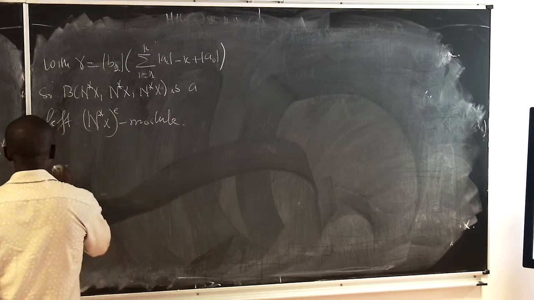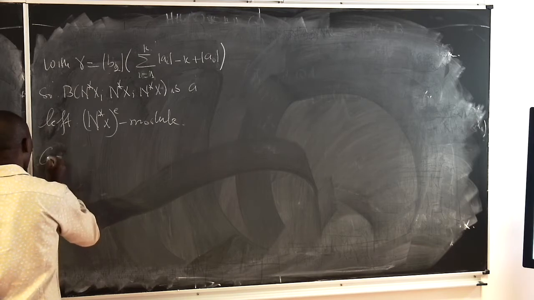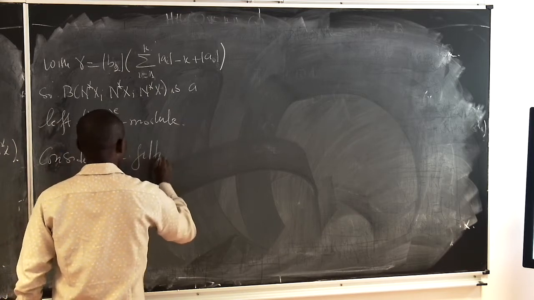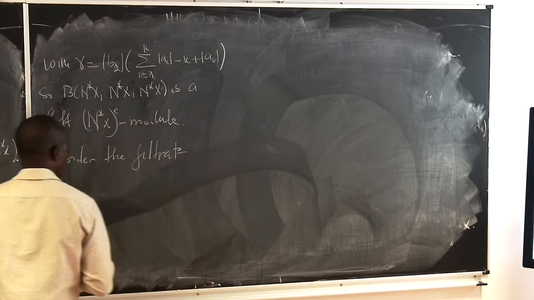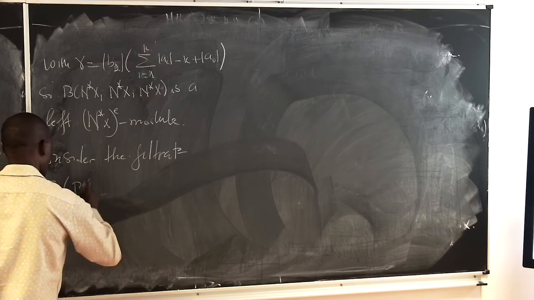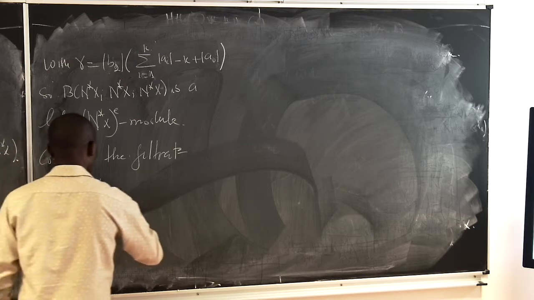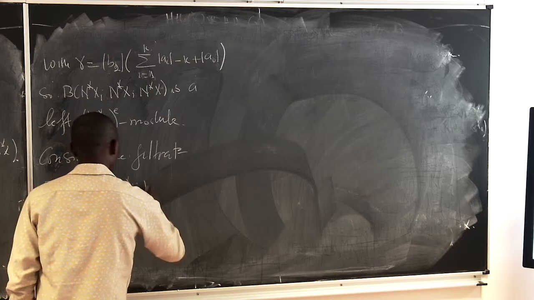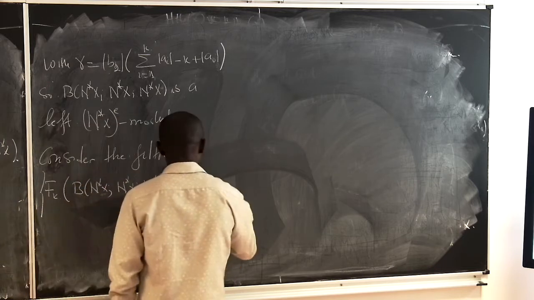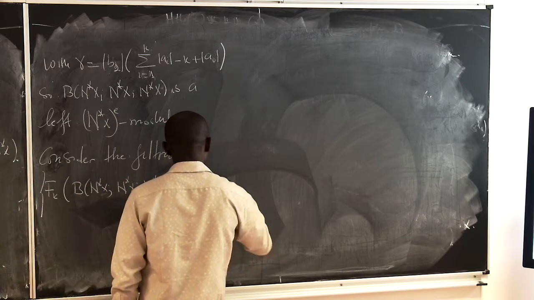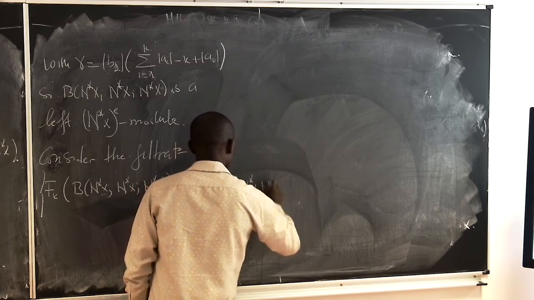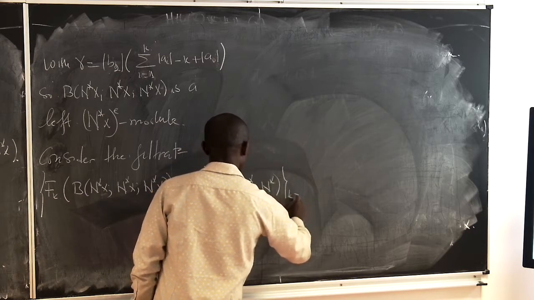We consider the filtration F K of B to be equal to what? To be equal to Bk of Nx here, K greater or equal to 0.